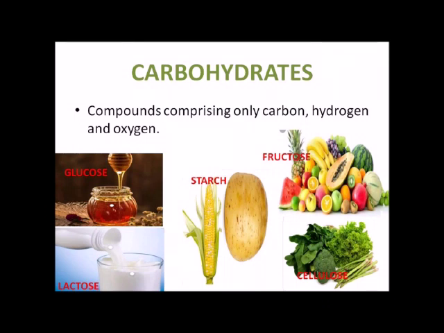Then comes cellulose. This you can find in green leafy vegetables. So these are the different types of carbohydrates found in different food items.